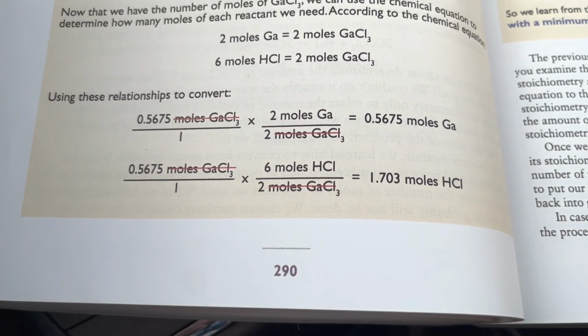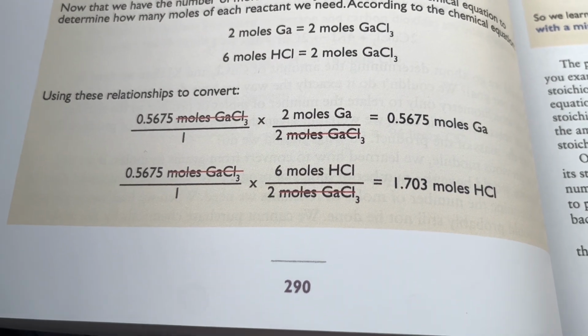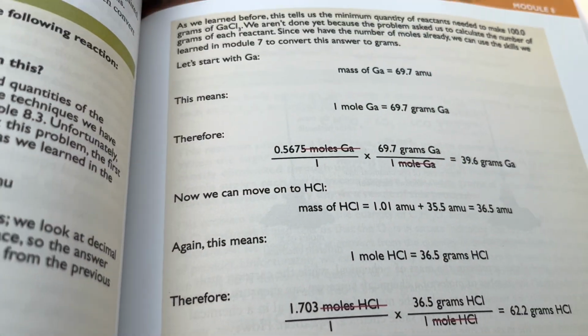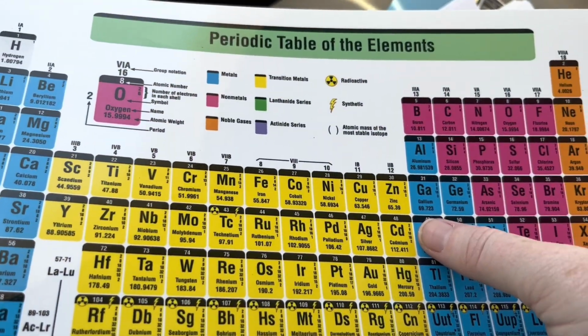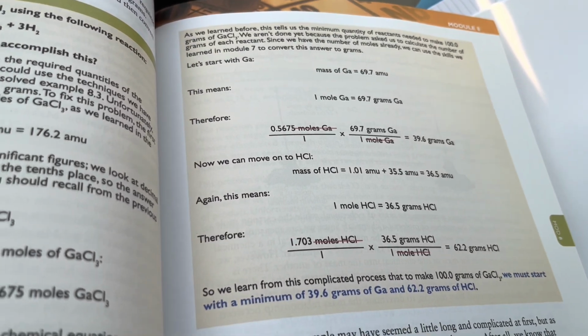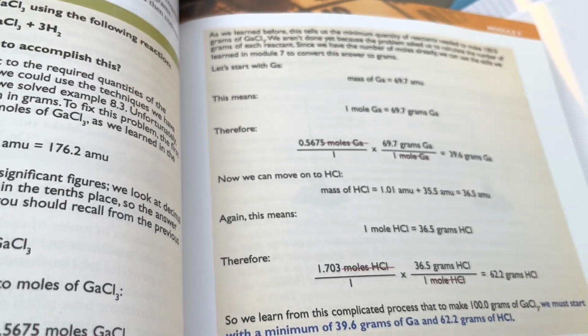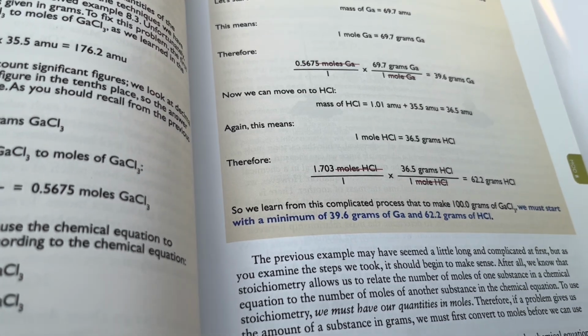Okay? So then you take that and you convert these mole amounts to grams. Now remember, you're going to need your periodic table to do this again. So gallium, we said it earlier, it's 69.7. So you're going to take your moles of gallium. 1 mole is 69.7, and that's going to give you the number of grams you need.